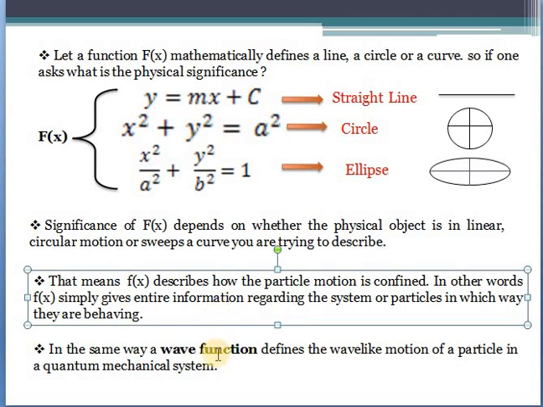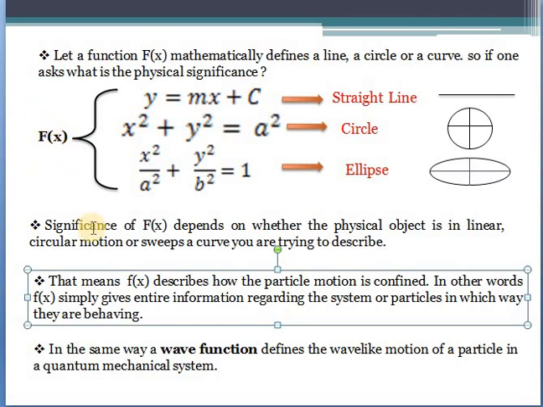In a similar manner, if you consider any quantum mechanical system, we should define the wave-like motion of the particle, and in order to express that mathematically, we consider a function, just as in mathematics we consider f of x to define any curve or to plot anything.